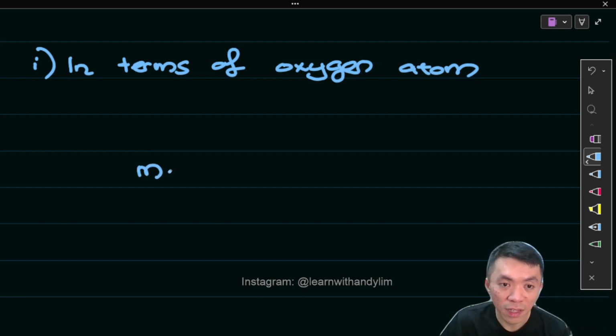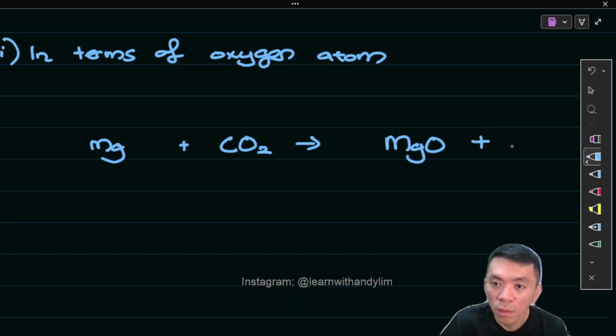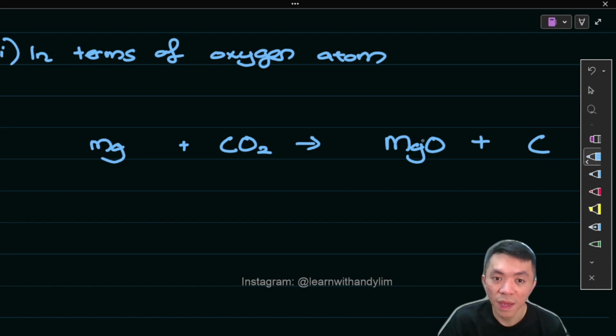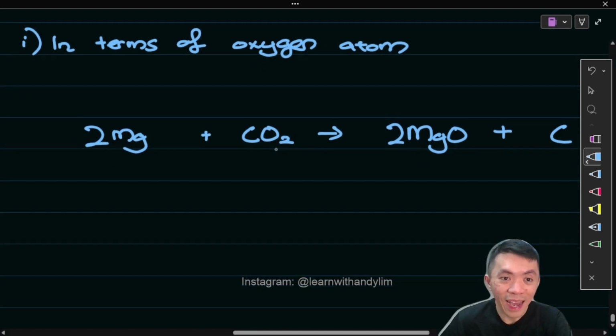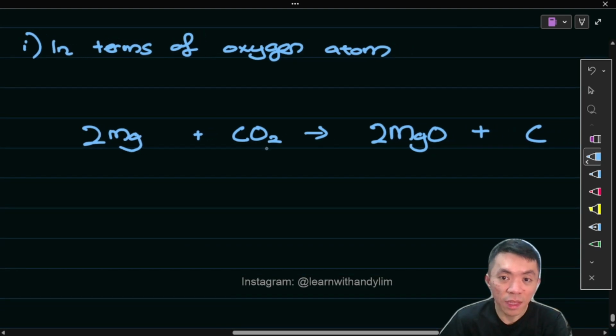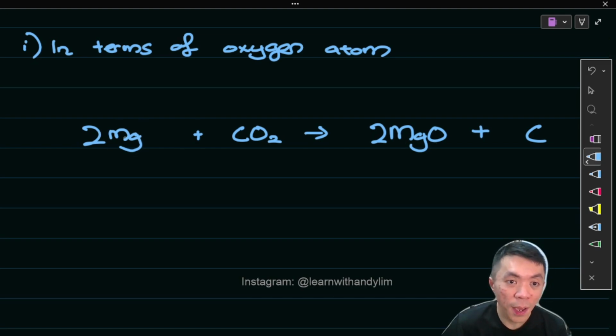I have my magnesium react with carbon dioxide, produces magnesium oxide plus carbon. Let me just balance this thing out. I have two oxygen right here. All right, so I can see straight away that for my magnesium atom right here, I have an increase of oxygen. My magnesium is becoming magnesium oxide.